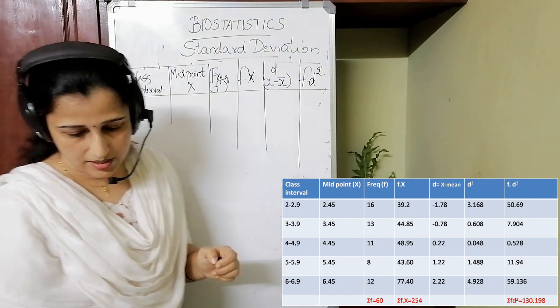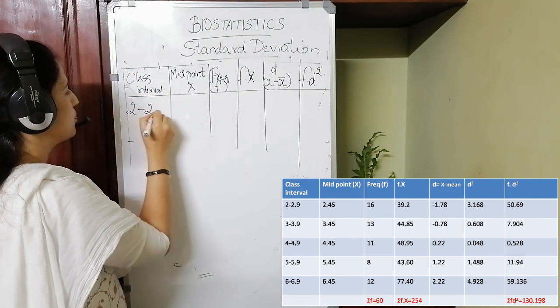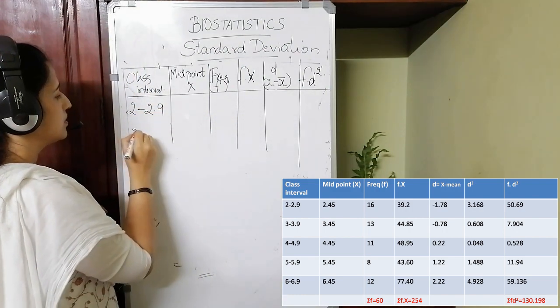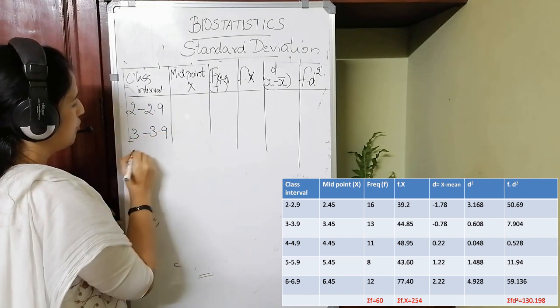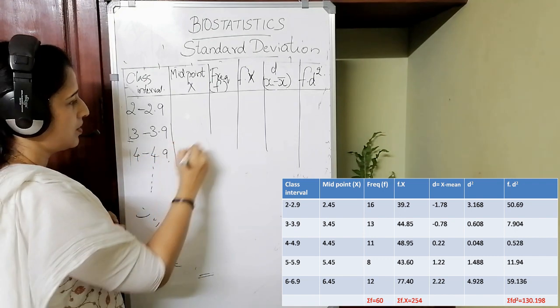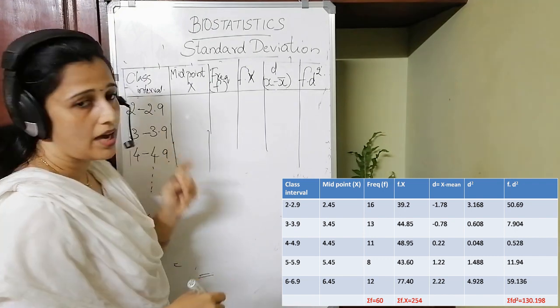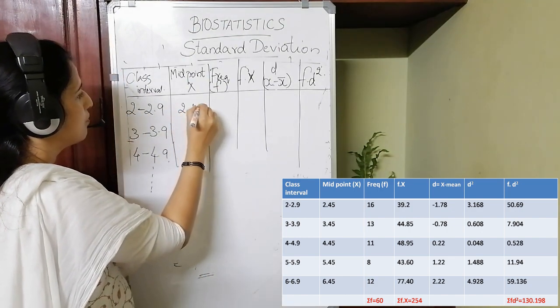In this question, the class interval given here is 2.93 to 3.94 to 4.9 and so on. The table has to be completed, and the mid value for this is 2.45.